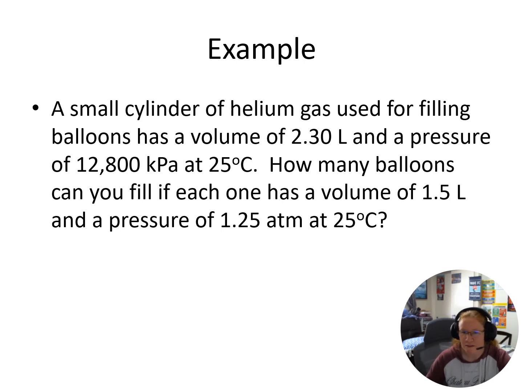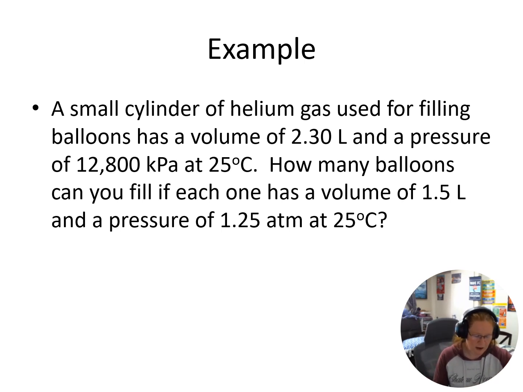I'm filling balloons. Each balloon has a certain volume and a certain pressure. So I want to know, given that my tank has a volume of 2.3 liters and a pressure of 12,800 kilopascals, how many balloons can I fill if my balloons have a volume of 1.5 liters and a pressure of 1.25 atmospheres?